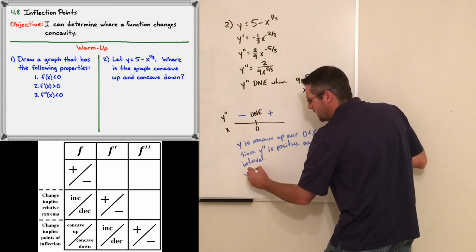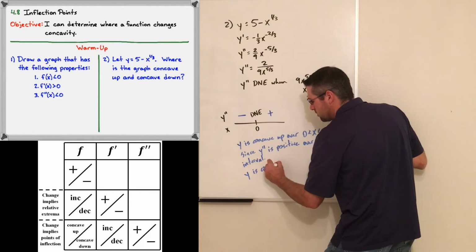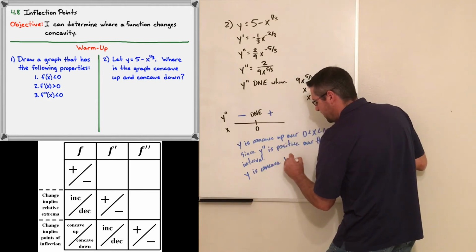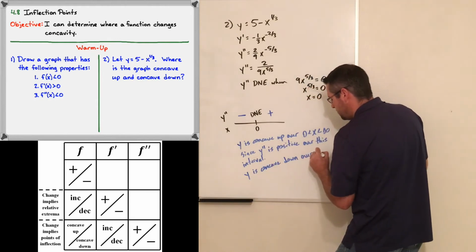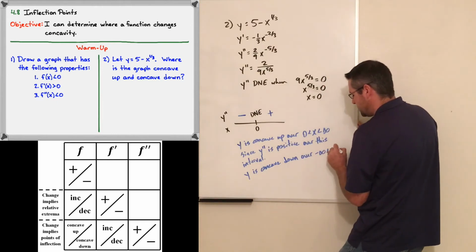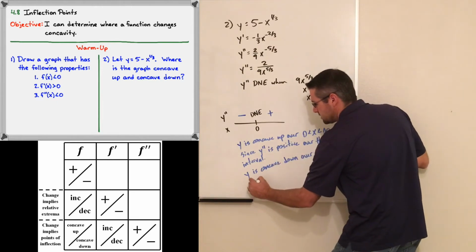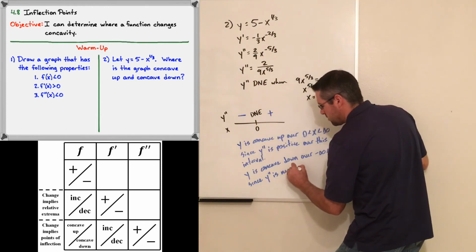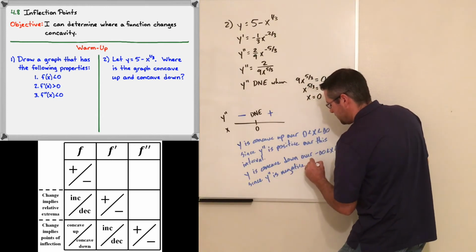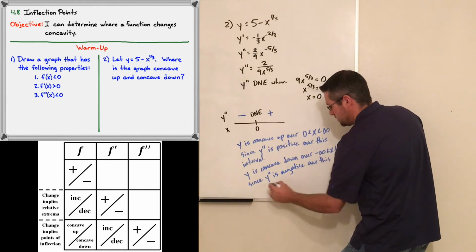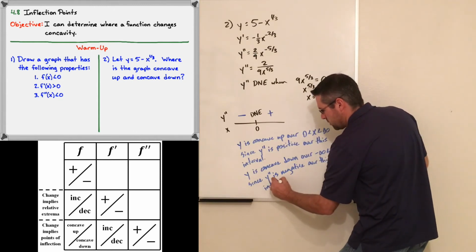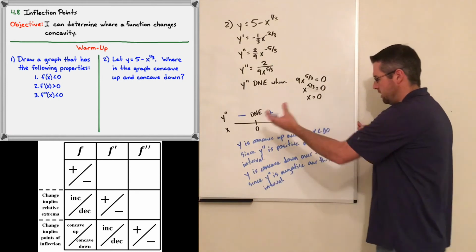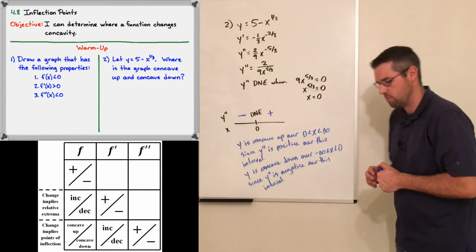Now, y is concave down over the interval negative infinity less than x less than 0, since y double prime is negative over this interval.